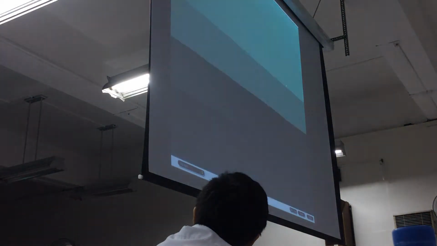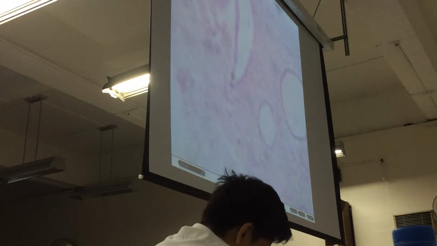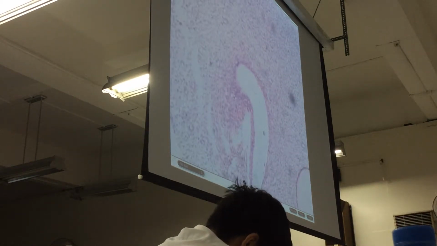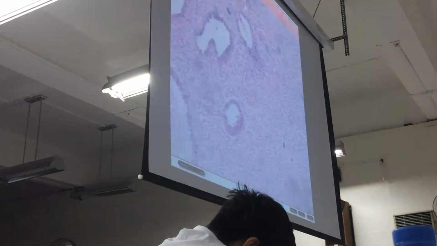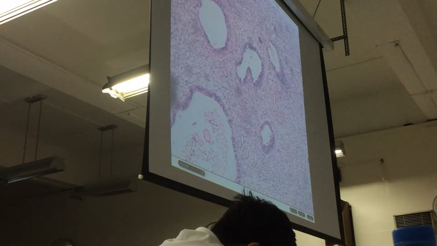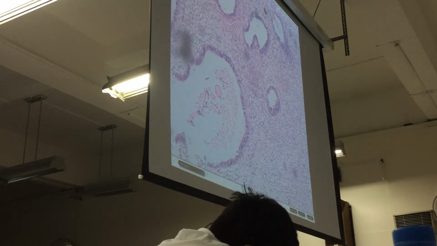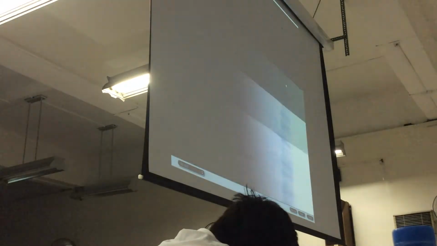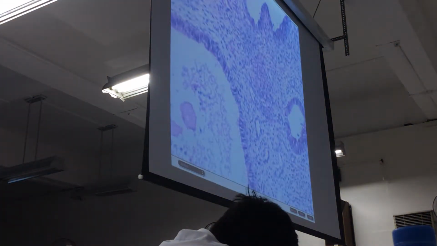Let's go to the endometrium. If you don't have stimulation of progesterone and estrogen, look at this, you have smaller endometrial glands. Some of them are cystically dilated, and some of them will be lined by bicuboidal cells instead of tall columnar cells.